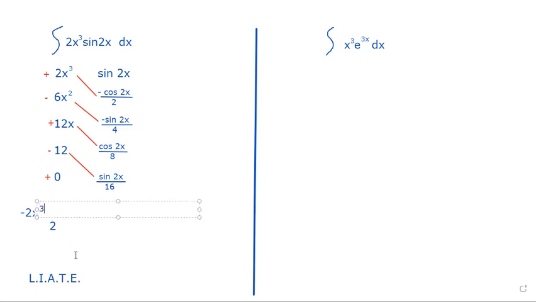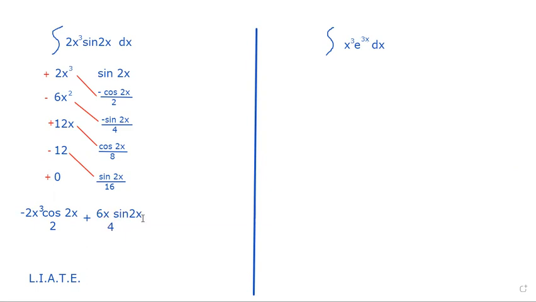Remember, this is cubed. Okay, next, we're going to have negative 6x squared times a negative sine 2x over 4. Negative times negative is going to give us positive. That's the key. You have to make sure that we're doing this. That's negative 6x squared. I'm sorry, that's positive 6x squared times sine 2x over 4.